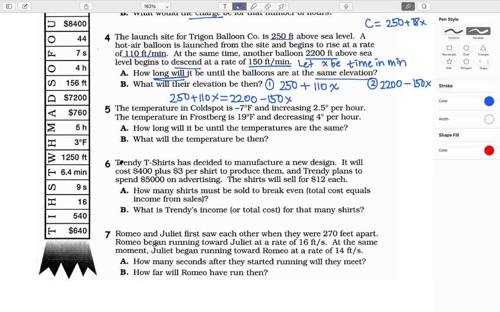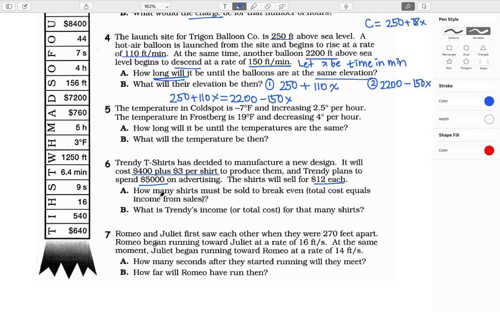Now, let's take a look at number 6. So Trendy T-shirts has decided to manufacture a new design. It will cost $400 plus $3 per t-shirt, and it needs to spend $5,000 on advertising. And the shirts will sell for $12 each.